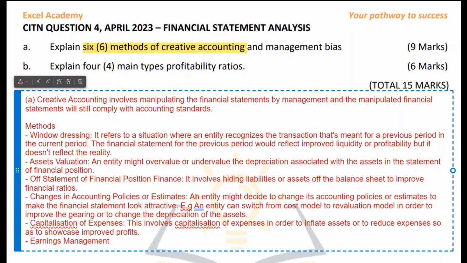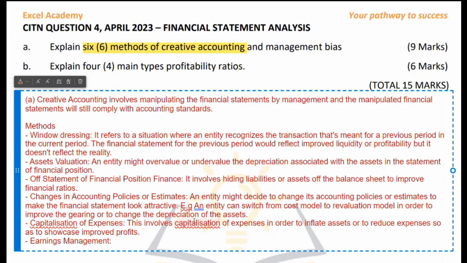But an entity might decide to capitalize stationery just to avoid recognizing it in the P&L, because if you recognize it in the P&L, the expenses will be inflated, thereby affecting the profit. So these are dubious means which entities can adopt.